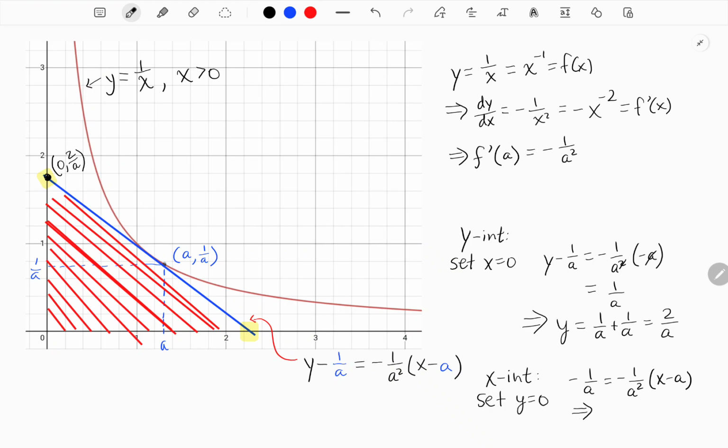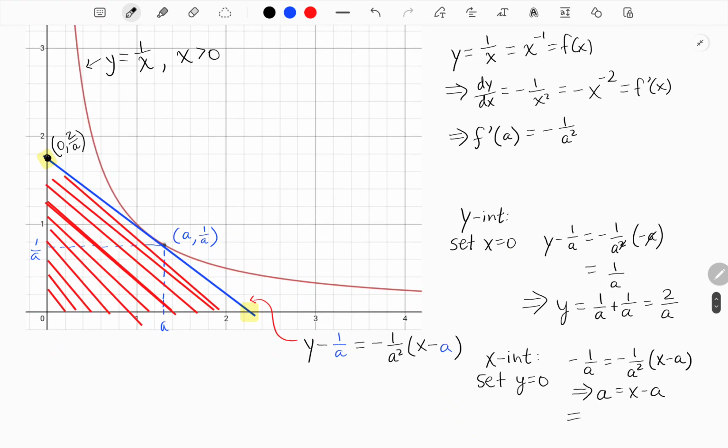So I'll get a is equal to x minus a. Then if I add a on both sides, I get 2a is equal to x. So when x is 2a, y is 0. Okay, so there I found my y and x intercepts.